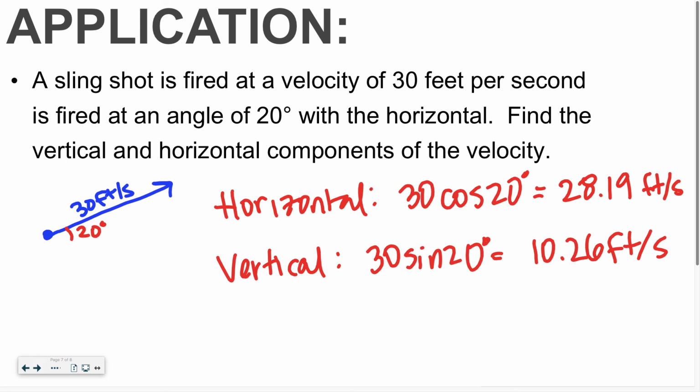If he's laying on the ground horizontally, then he's going to see that rock travel at this 28.19 feet per second because he's only seeing the horizontal piece. If I'm shooting it at somebody standing vertical, they're only going to see it rise at that 10.26 feet per second because they only see that vertical change.